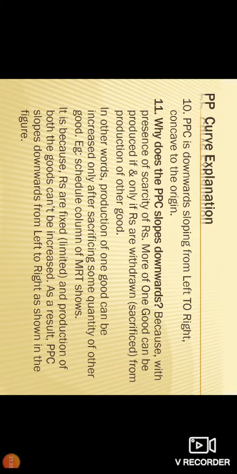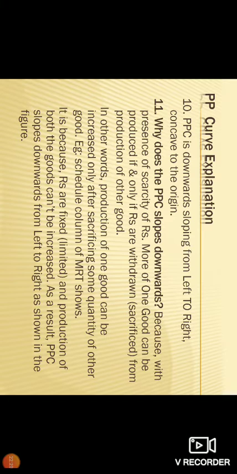So more of one good, let us say more of jets, can be produced if and only if resources are withdrawn or sacrificed from the production of another good. Let us say that is paddy. So let me put you the example very clearly.